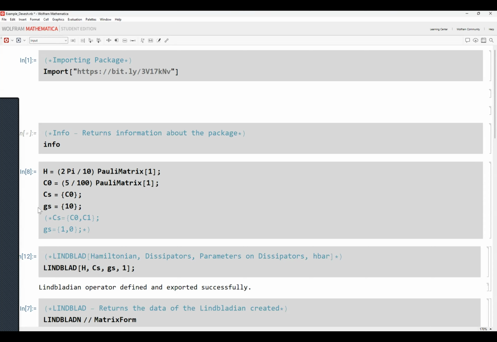So with these values, this is the Hamiltonian. But yeah, so we can put in the gamma values, the GS, over here. So right here it's just 10, one, whatever, could be something numerical.